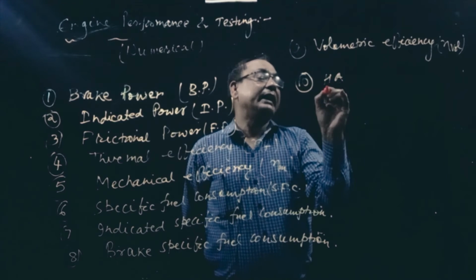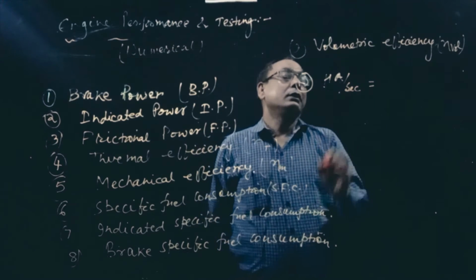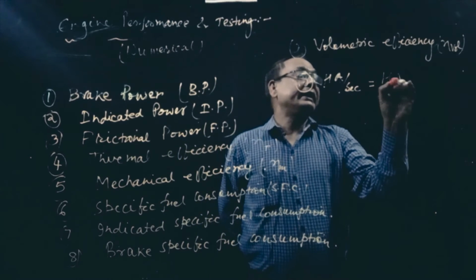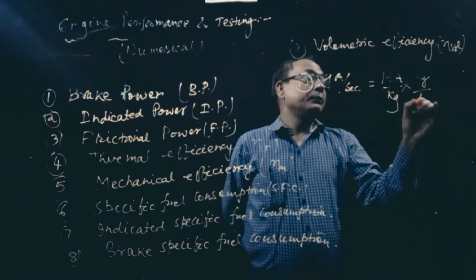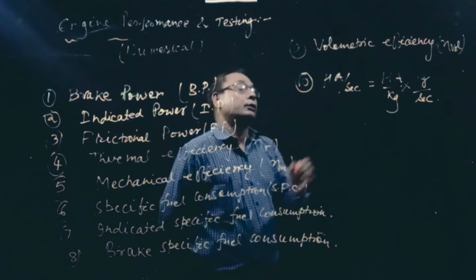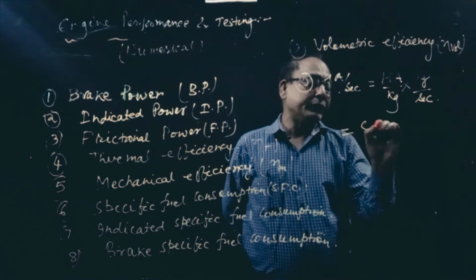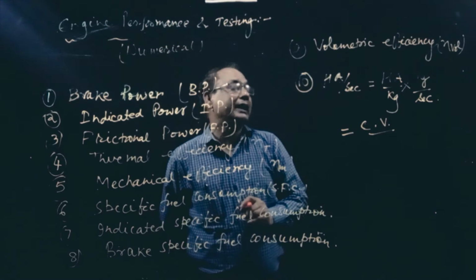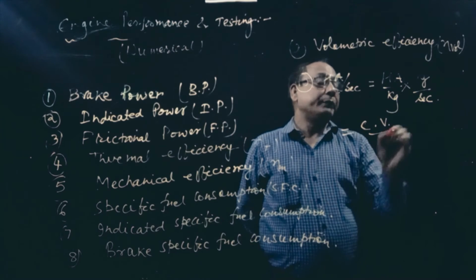See here, heat added per second, this one also. So heat added will be equal to heat added per kg into kg per second. So heat added per second, maybe per minute also, per hour also. Now heat added per kg is nothing but the calorific value. If we burn 1 kg of a particular fuel, how much energy we are getting, in kilojoule or kilocalories, that is known as calorific value.